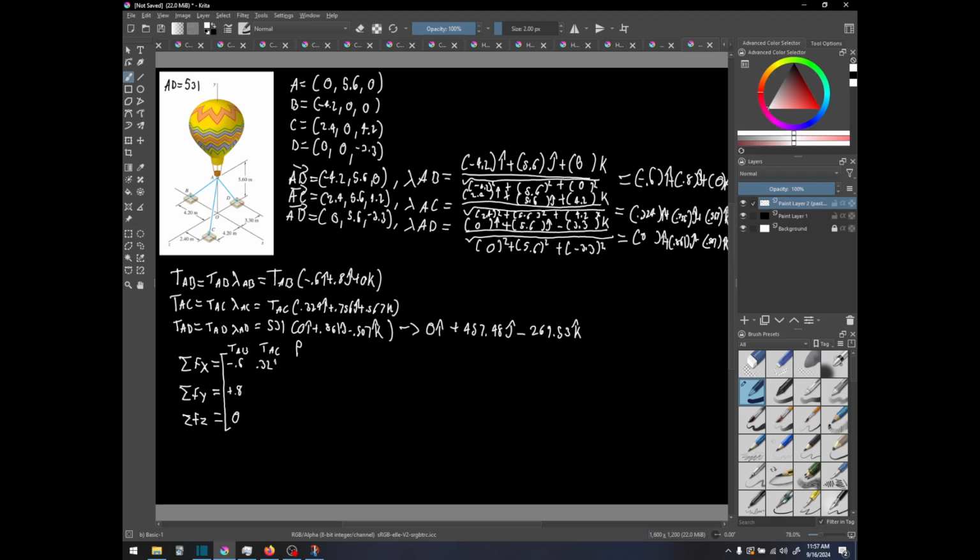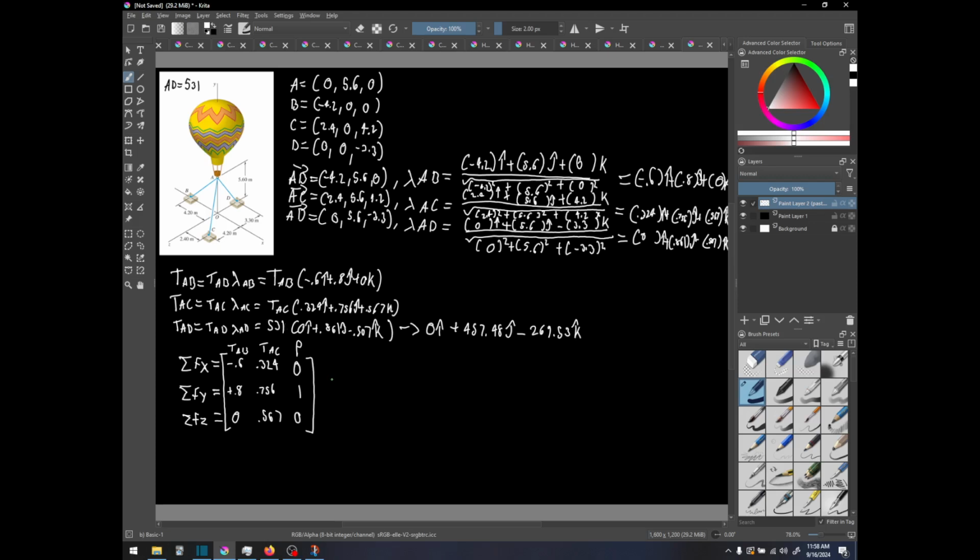I think it's 4, yeah. Plus, well, I'll only say plus unless it's negative, I'll denote it. It's going to be what, 0.756? And then 0.567. And then point P, it's got no X, it's got one Y, and it's got no Z.